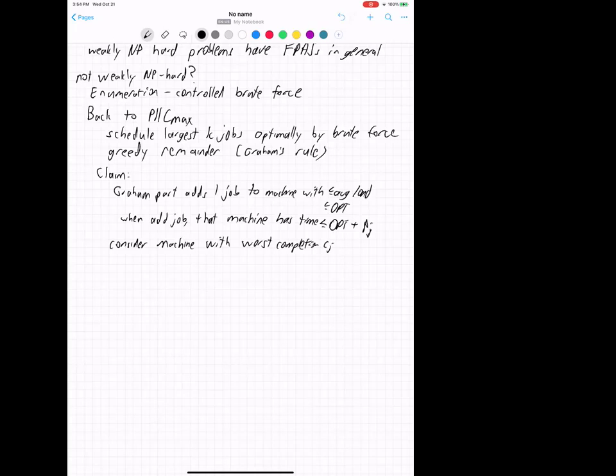Okay. There's two cases, right? If this CJ is caused by one of the k largest jobs, then what can we say about our solution? If the thing that determines the runtime of our solution is one of the k largest jobs, then what can we say about the runtime of our solution?